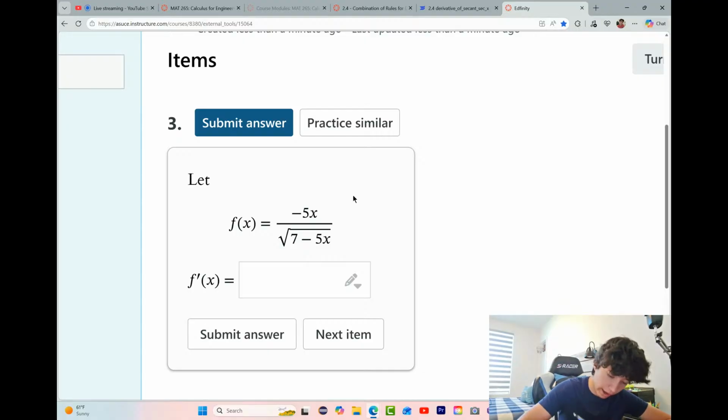So we got f prime of x. The derivative of negative 5x is simply negative 5 times just g of x. So that's going to be the square root of 7 minus 5x. And then minus, we do f of x, just a normal.